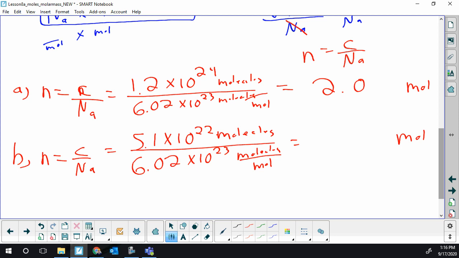So this has one less digit, which is like 1,000 compared to 100. There's one less digit in 100. So less than a mole, so less than Avogadro's number, so we should get less than a mole. And I got 0.085, a fair bit less than a mole.